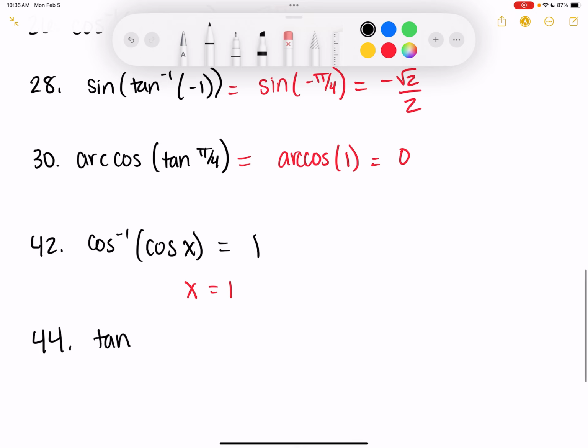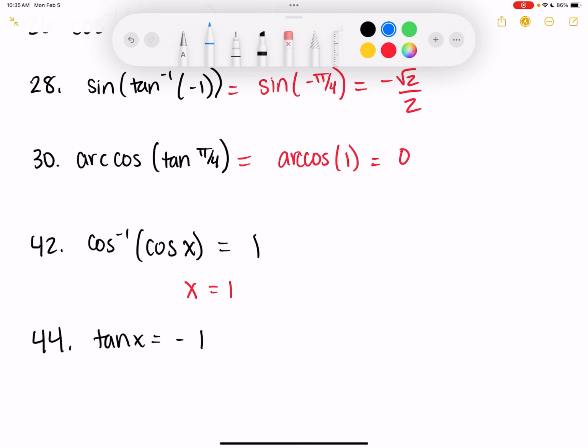44. Tangent of x is equal to negative 1, and I'm trying to solve for x. No. I'll show you why.